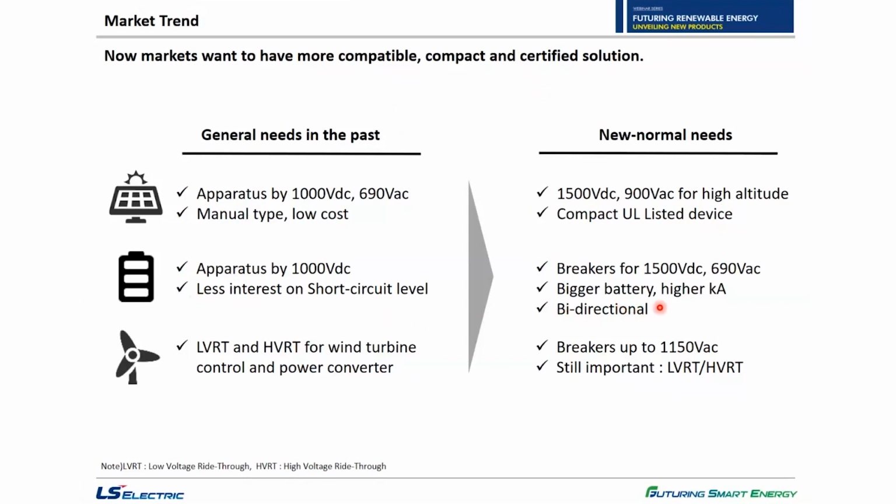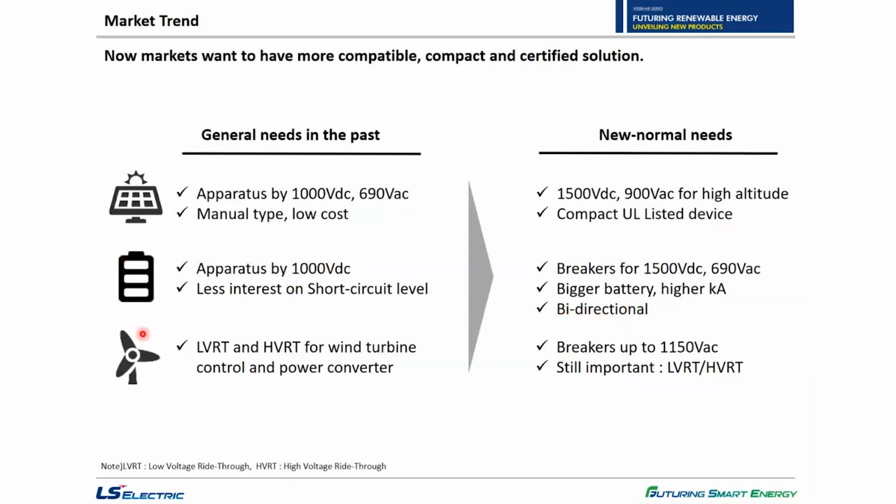So there is the possibility of ultra high short circuit, even more than 150 kiloamps, during a short moment. Also, bidirectionality of the apparatus is required for supporting optimized performance for charging and discharging of battery systems.